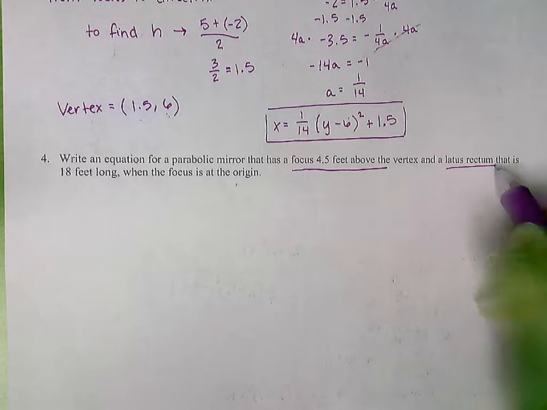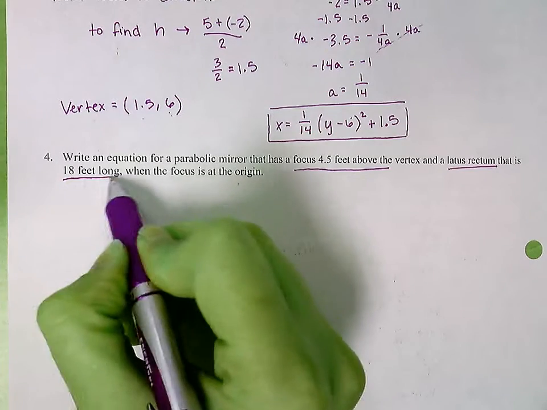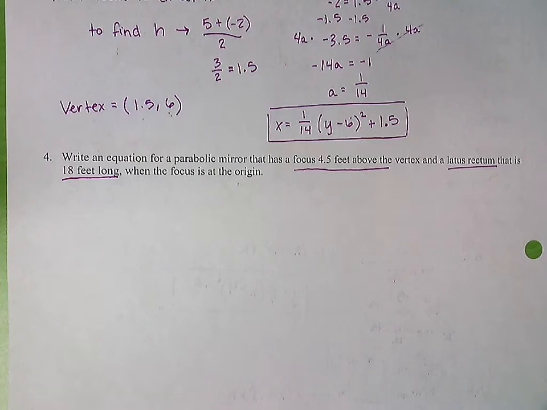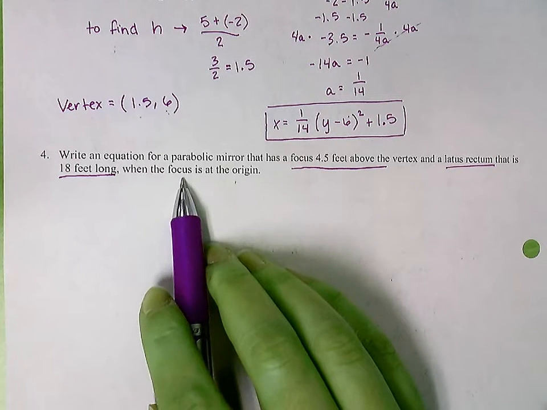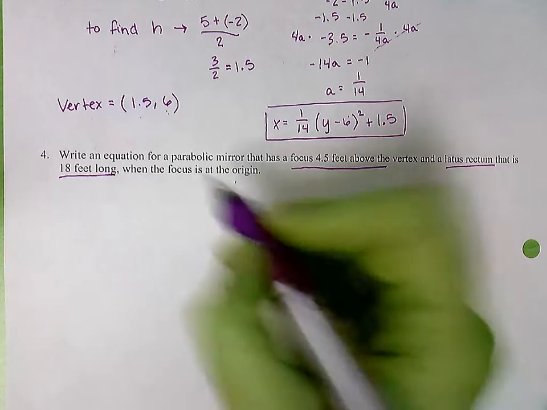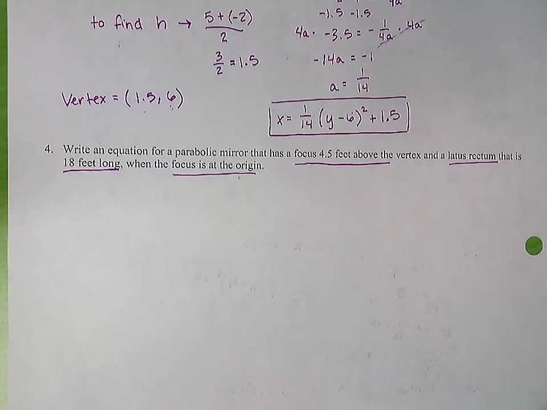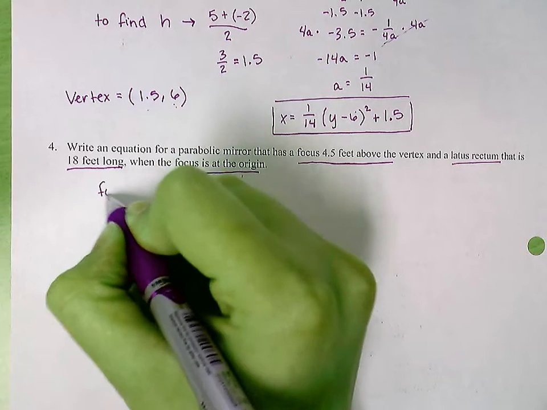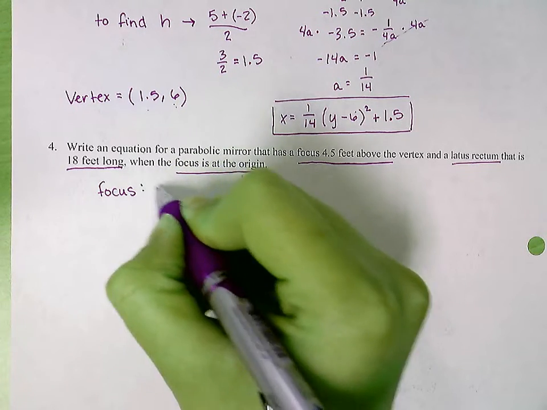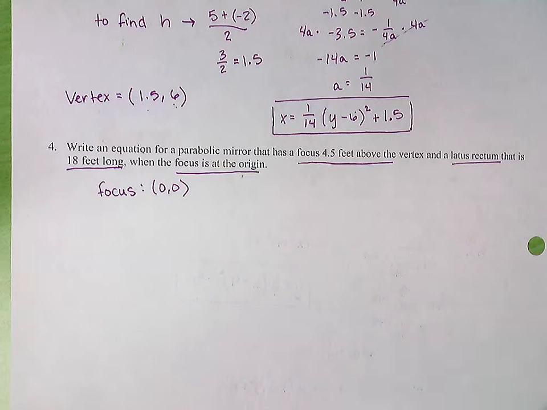And the latus rectum is 18 feet long. Now it's also telling us this focus is the origin. Okay, since the focus is the origin, that means it would be 0, 0.